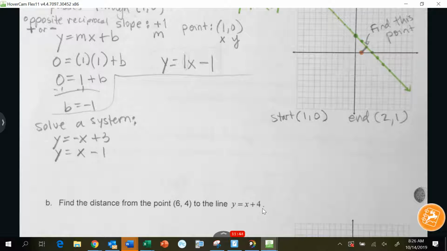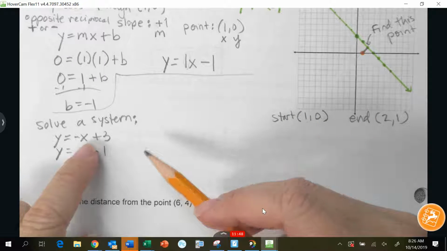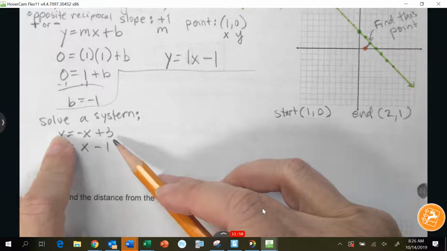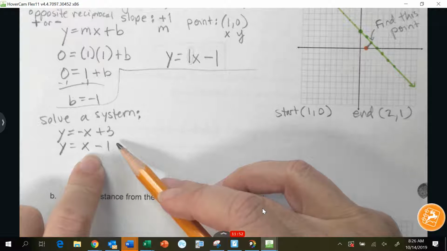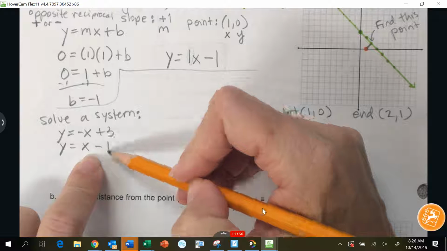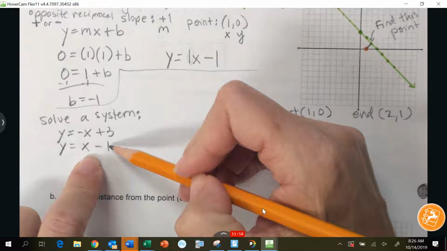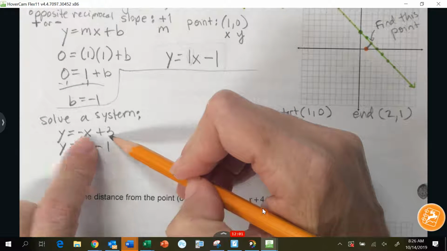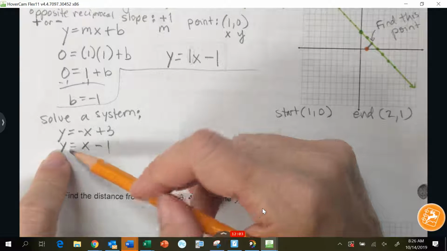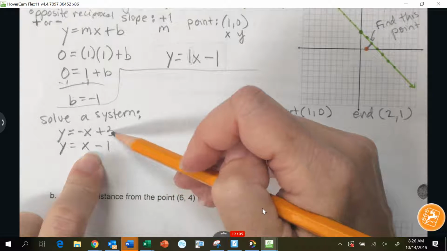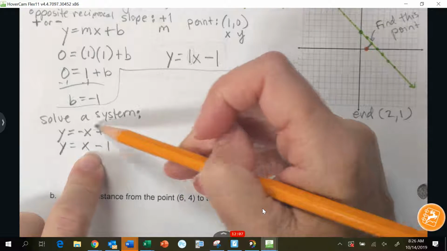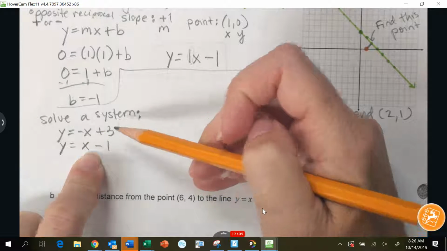So I'm going to use either the substitution or the transitive property for a moment. If negative x plus 3 equals y, and y equals x minus 1, what can you conclude about these two sides? They are equal to each other, right?